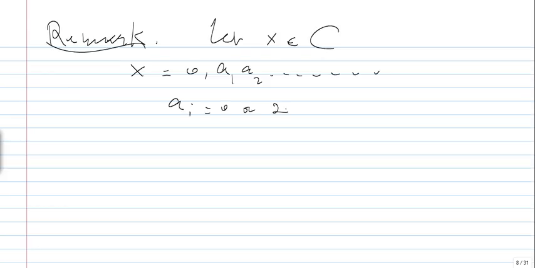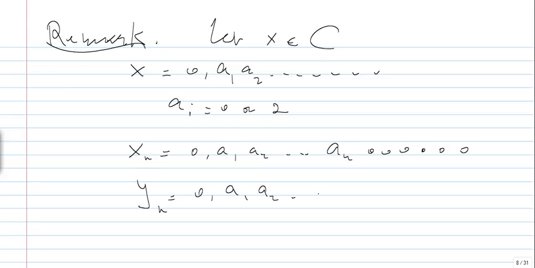Great. So now what happens if I take xn equal to 0, comma, a1, a2, up to an, and then I put zeros. And yn, which is 0, comma, a1, a2, up to an, and then I put 1, 0, 0, 0.